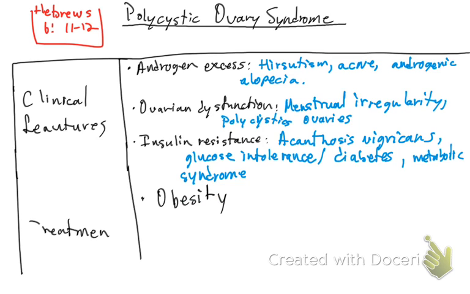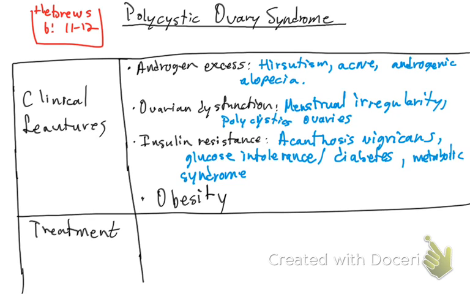I think that we don't have to describe obesity because we know what it is. Let's just talk about treatment at the bottom, sorry. So let's just be more organized. Now we're going to talk about the treatment.